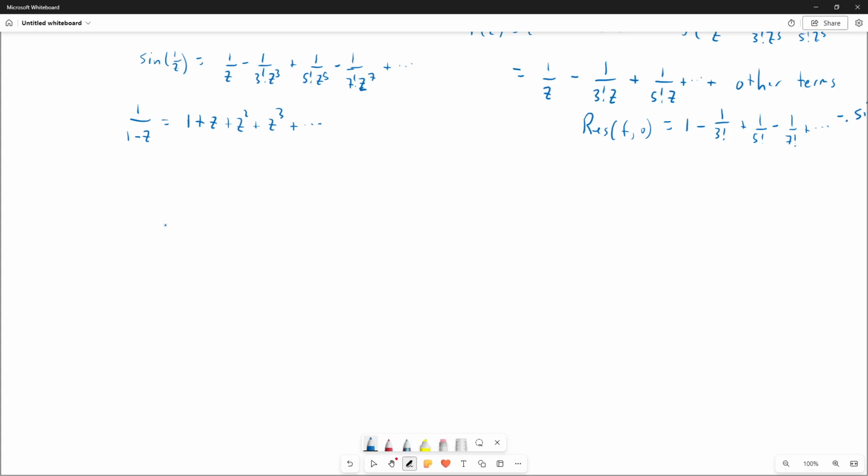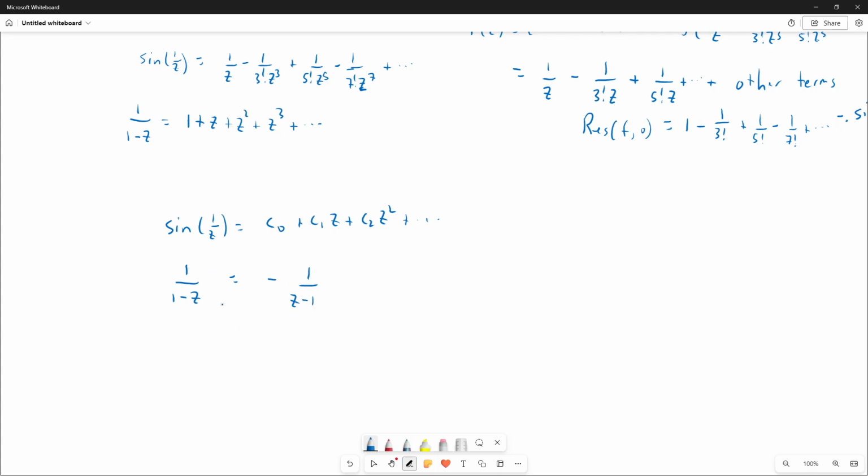So our function sine of 1 over z, when we have the center at 1, this function's analytic at 1. It has a Maclaurin series, c0 plus c1 z plus c2 z squared, etc. And then the other function was 1 over 1 minus z, which is just negative 1 over z minus 1.